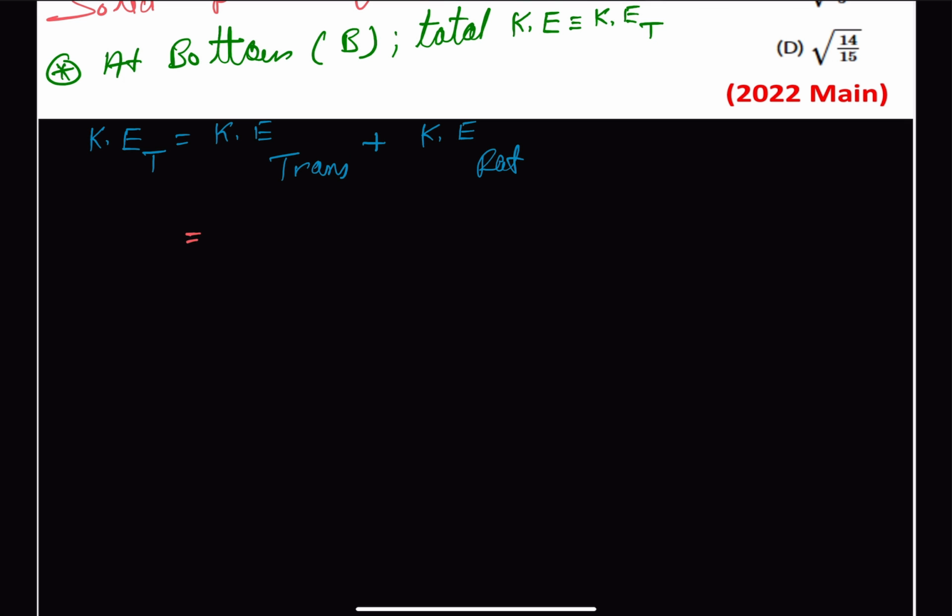Translational will be half mv square plus rotational will be half I omega square.